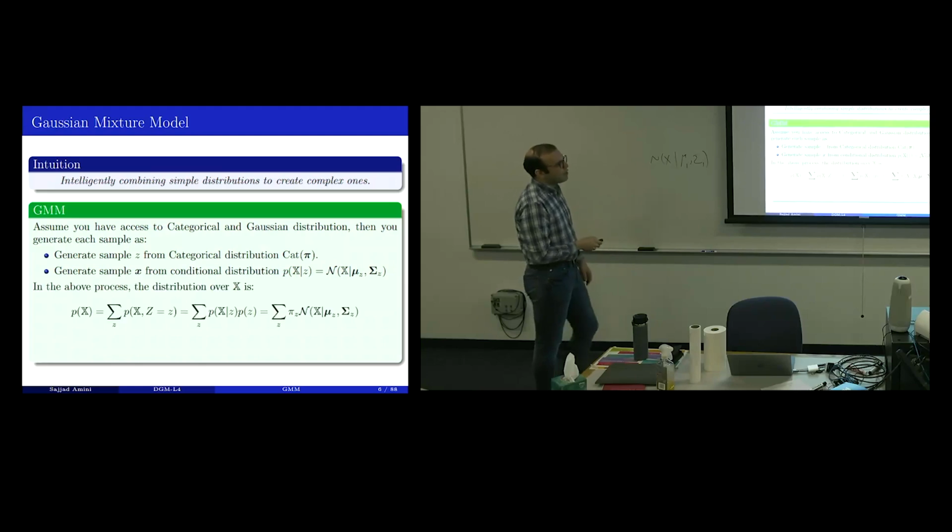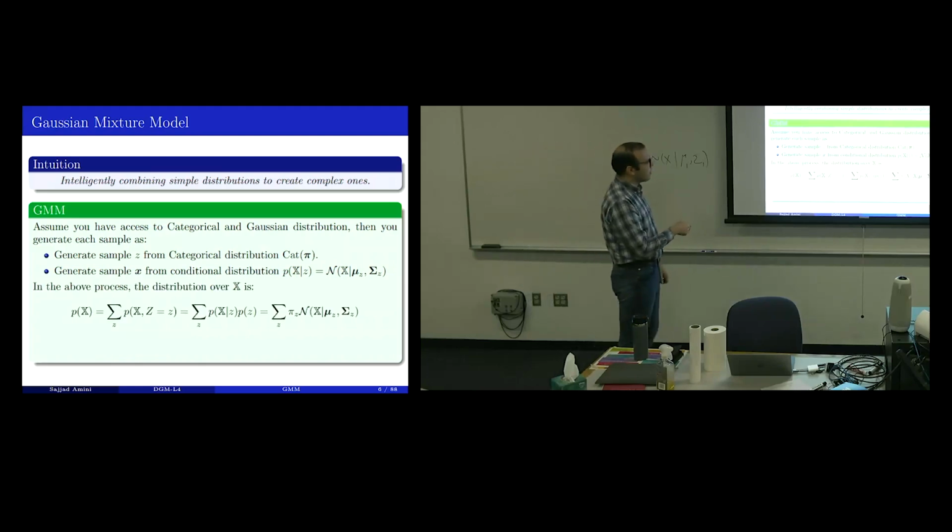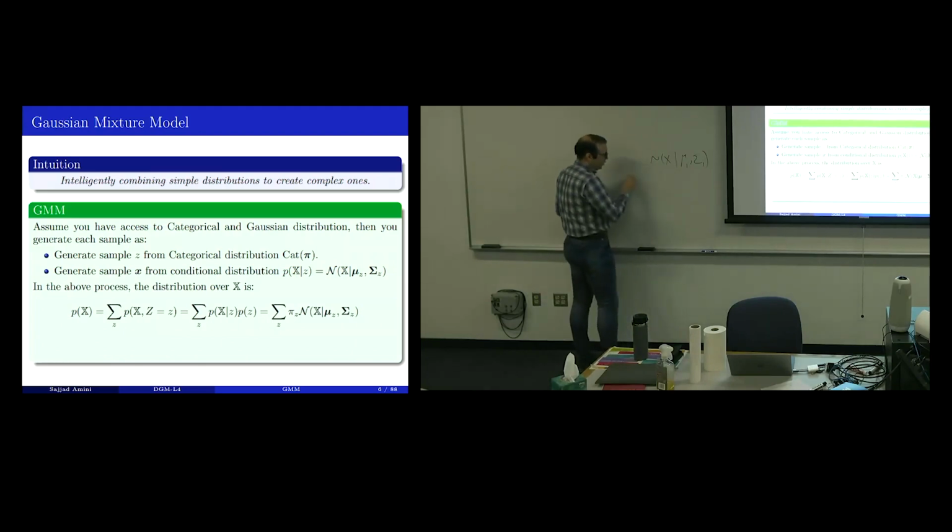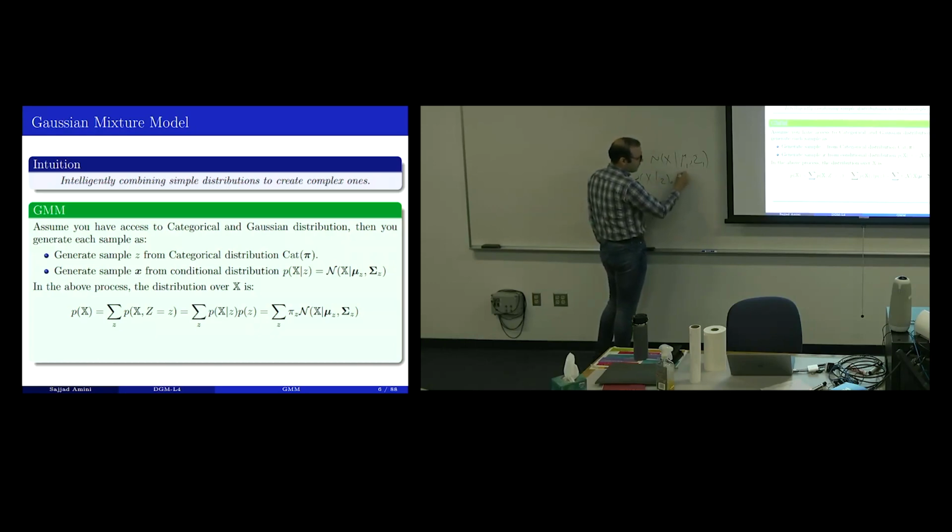complex distribution. And how is it a complex distribution? If you calculate the marginal, the conditional is very easy. The conditional over the data, given what we call the hidden or latent variable. We will talk about why this name is justified. The distribution given the latent variable is very simple.